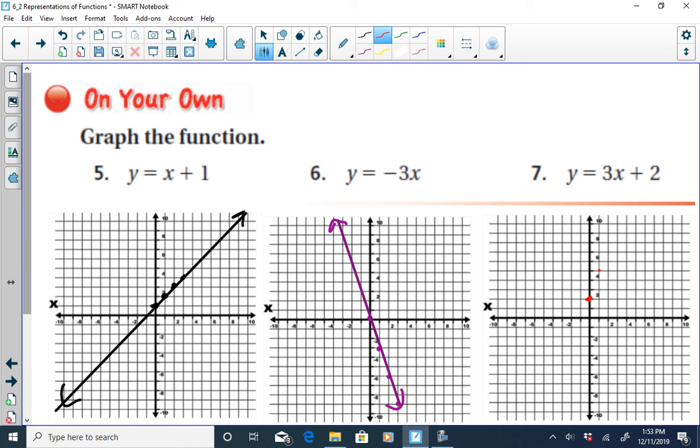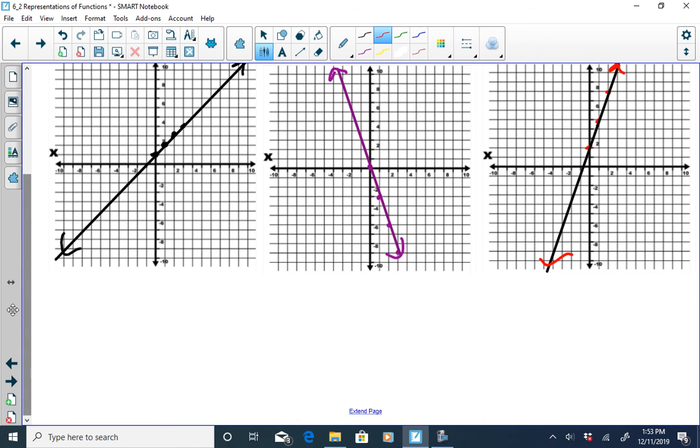Then from 2 we go up 3 over 1, up 3 over 1, up 3 over 1, get a collection of points in a straight path. We'll draw that line, and that should be good. Draw arrows at the end of that line. All right, nicely done. We continue.